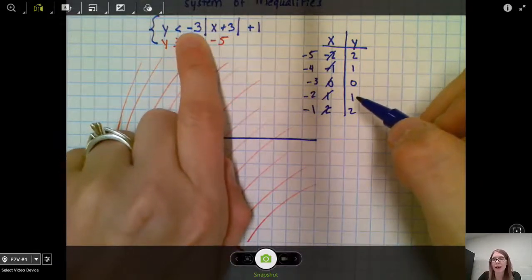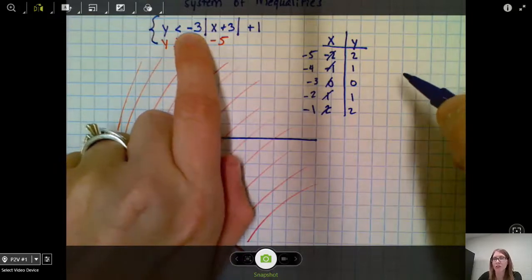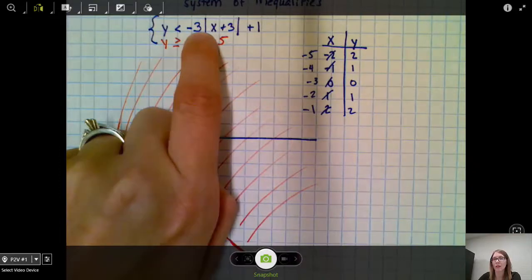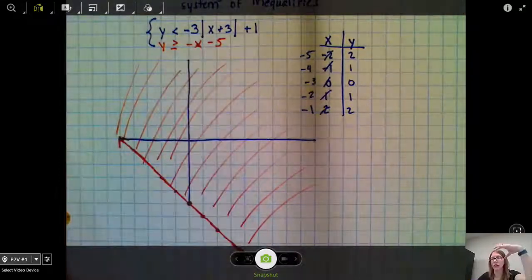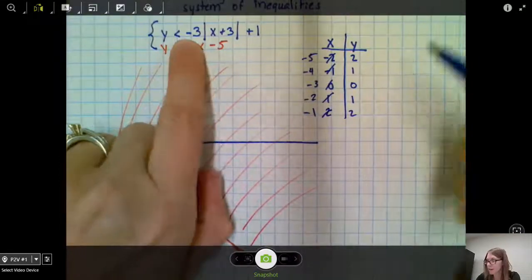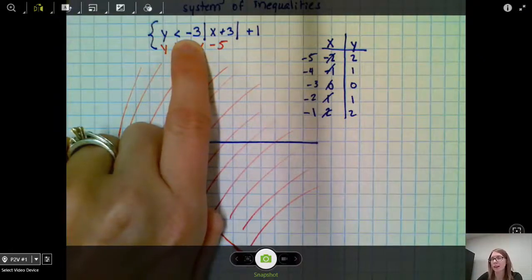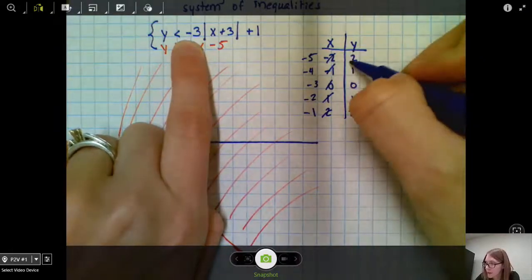Our multiplication next, we have our negative, which is a reflection over the x-axis, and our 3 times, which is our vertical stretch. So I'll do the negative first. Reflection over the x-axis flips upside down. It affects our y values.